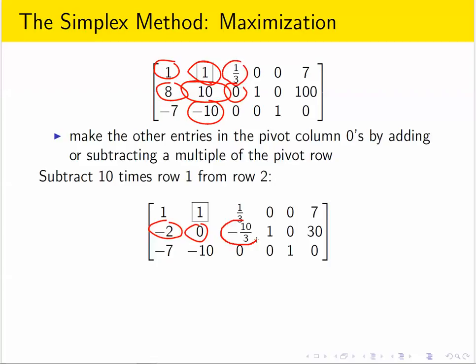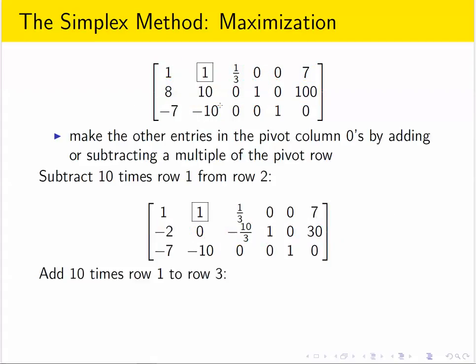That's how I get negative 10/3. I have this 1, and I'm subtracting 10 of these. That's how I get 1. This 0 minus 10 of these gives me 0. And this 100 minus 10 sevens is how I get 30.